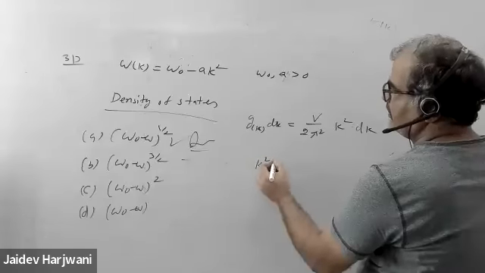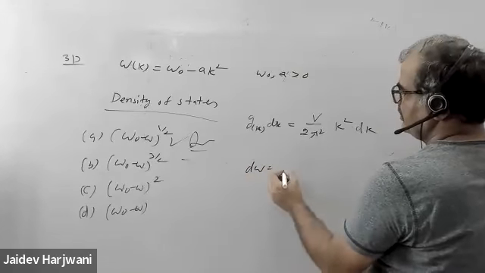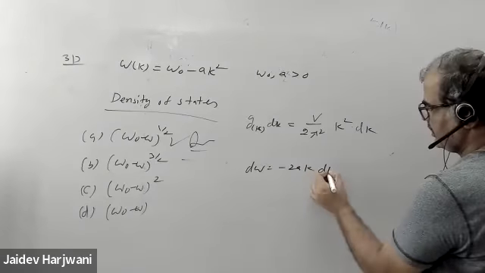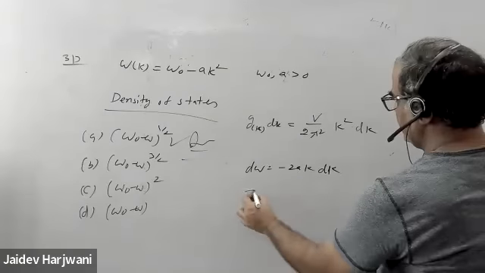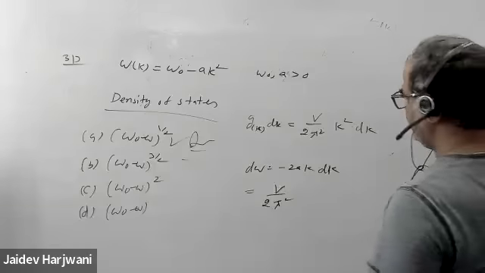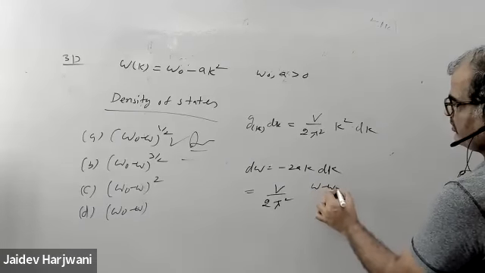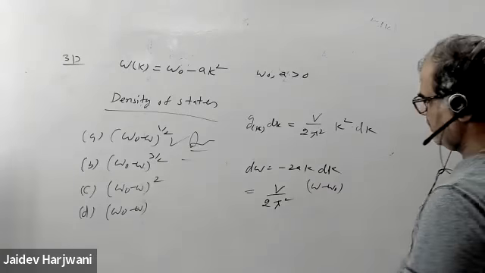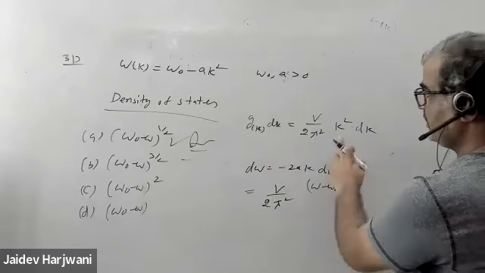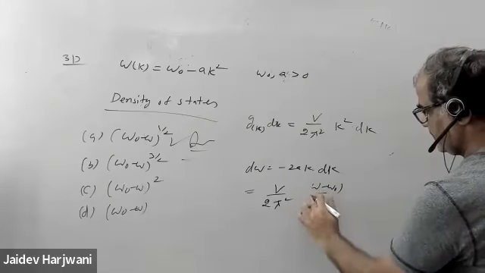So you have k square equals to, so पहले d omega कर देते ना, d omega equals to minus 2ak, okay, d omega by dk, so this is dk. Now if I write v upon 2 pi square, okay, k square, so k square will be your omega naught minus omega upon a, okay, very is correct.